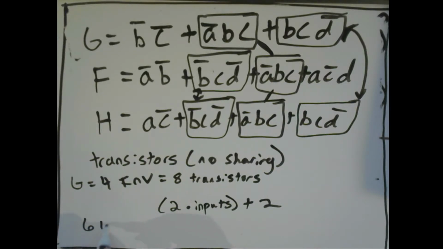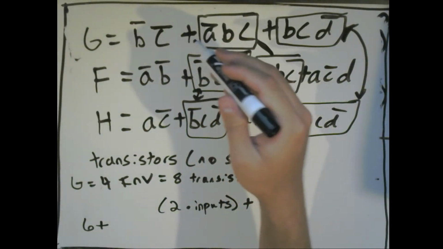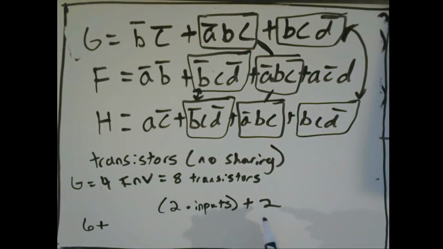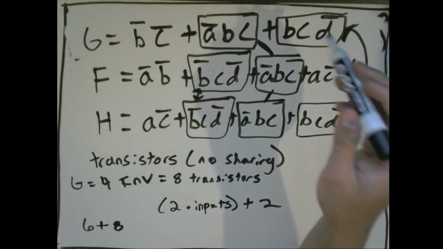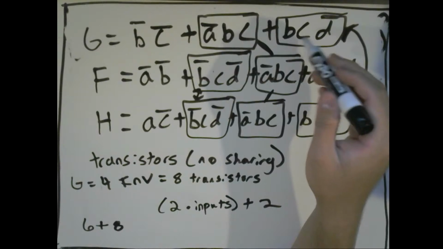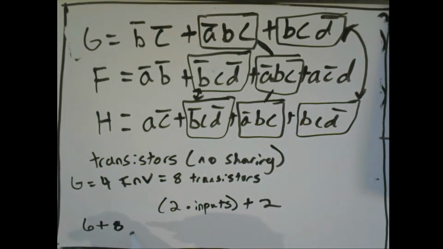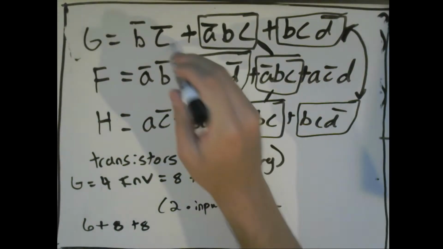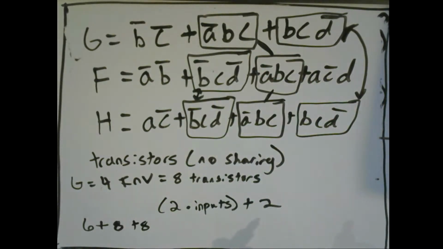Plus this one, I have 3 inputs, so this would be 6 plus 2, which is 8. Then I have this one, which is 2 times 3, which is 6, plus 2, which is 8. And then I have all these OR gates. So I have a 3 input OR gate, which is equal to 8.